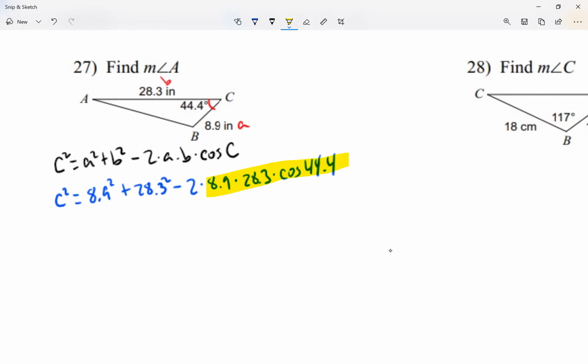Let me remind you, all this is numerical. What I mean by numerical is that I can just type it in on my calculator. So that's going to give me my c squared.